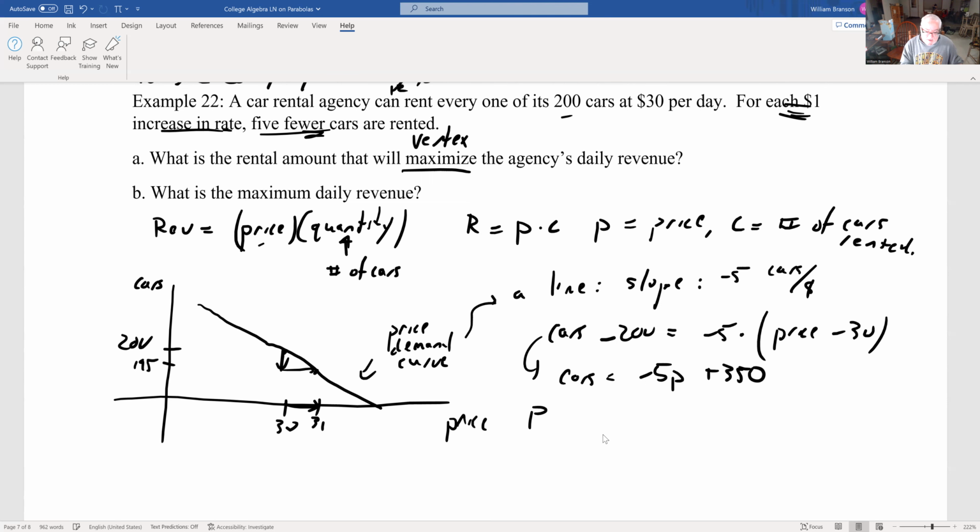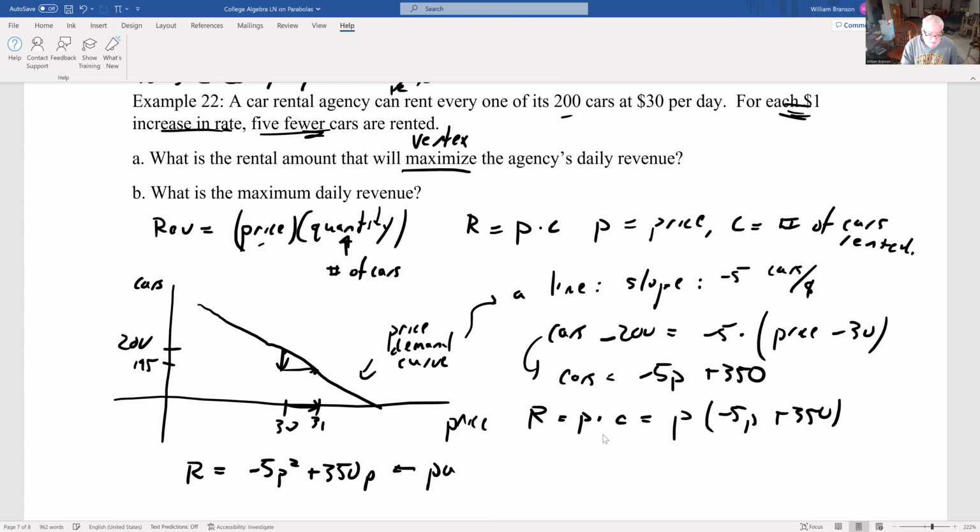So what's my revenue then? It's price times cars, and that's price times -5p plus 350. So revenue is -5p squared plus 350p.